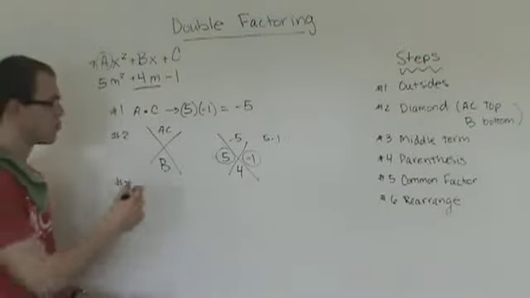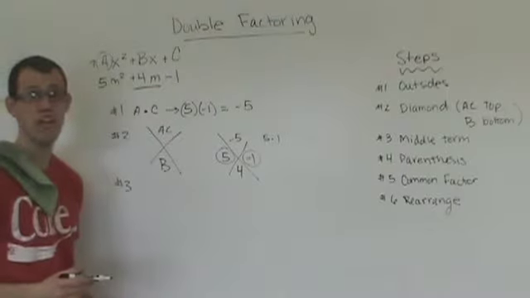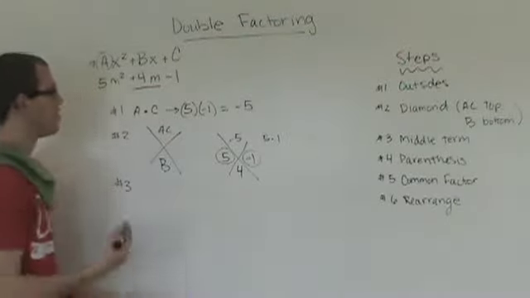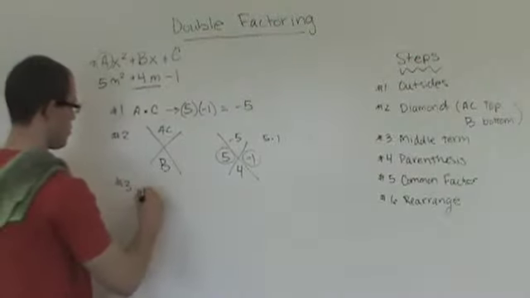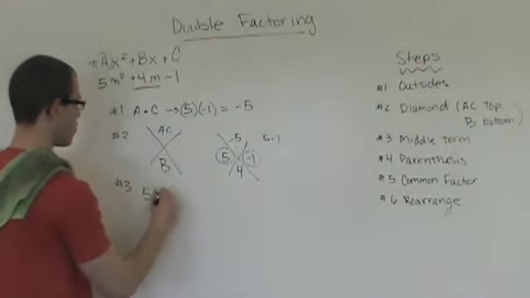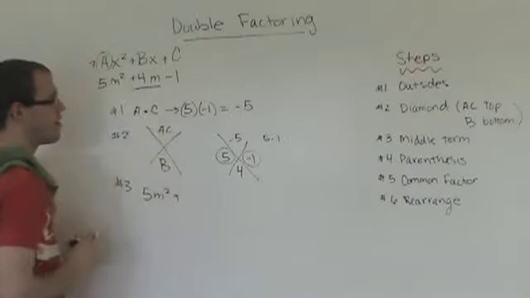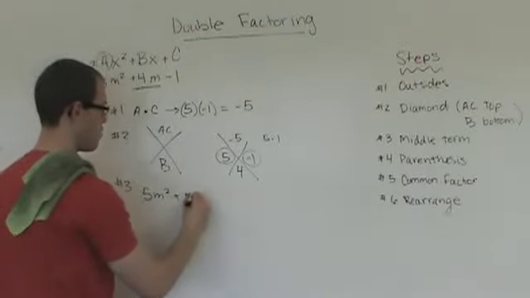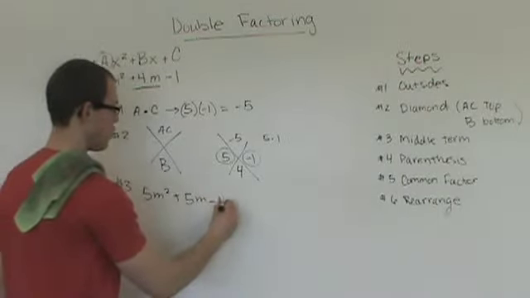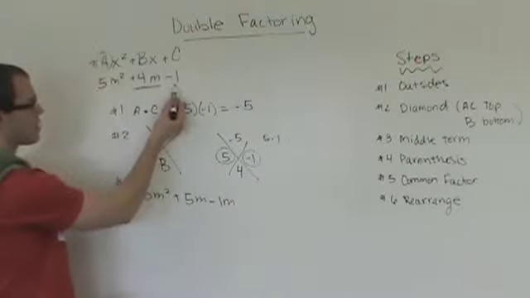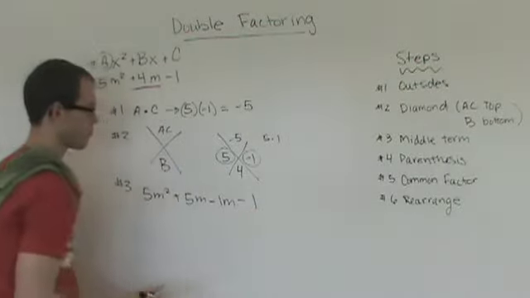What we're going to do is replace it with 5m and negative m, or negative 1m. So I'm just going to rewrite the first term, 5m squared, right here. Now the middle term, that 4m, I'm going to replace it with 5m and negative 1m. And I'm just going to add the negative 1 after that.